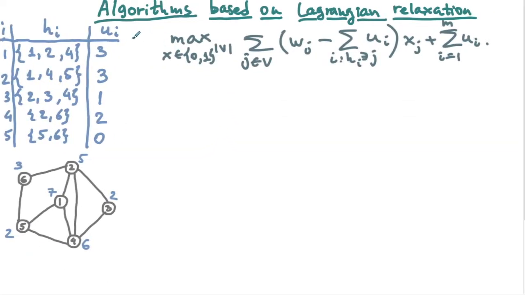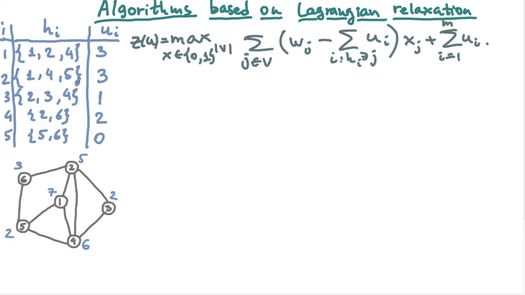So here is our z of u. We'll analyze z of u for our example. Here is the list of hyperedges that we had. There were 5 hyperedges, and then we had the intersection graph representation for our problem.